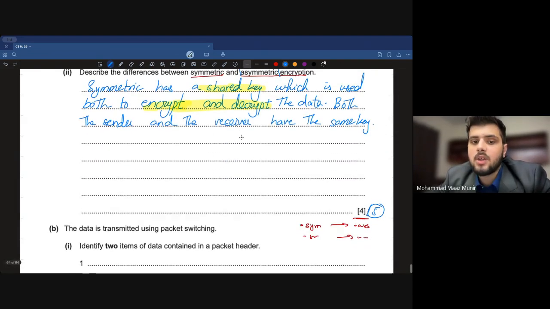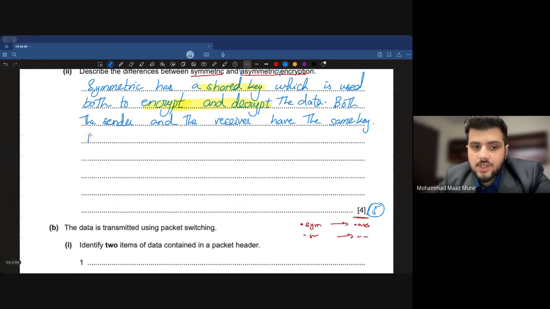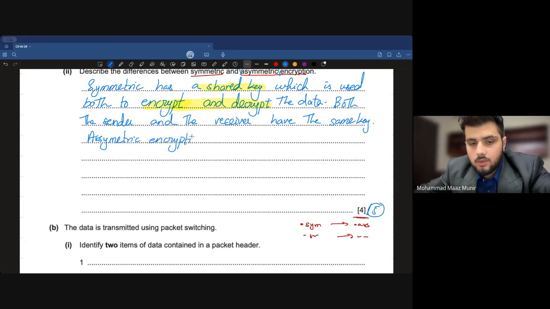For asymmetric encryption, it uses different keys. That is 1 point.